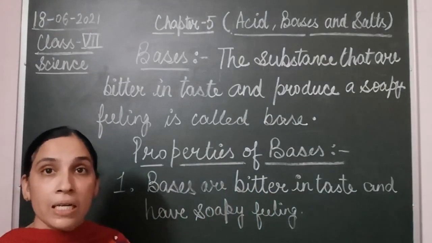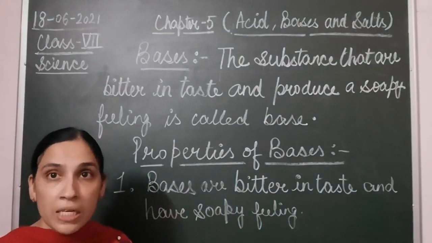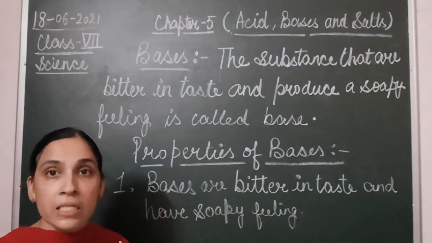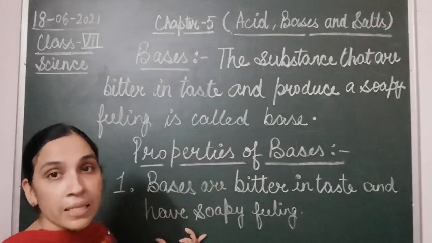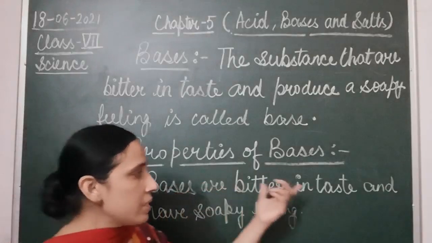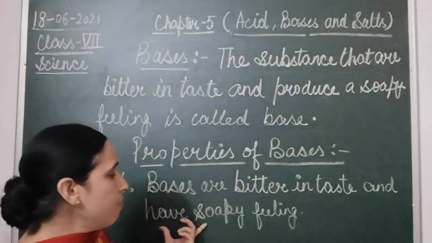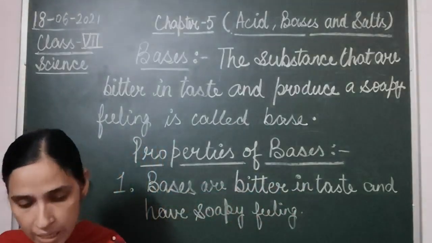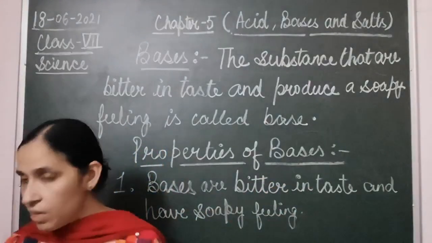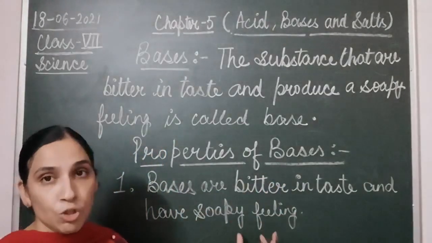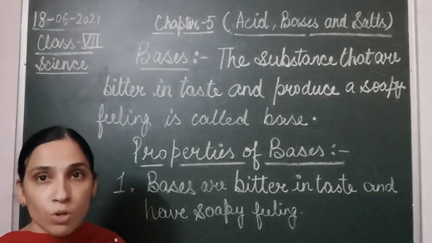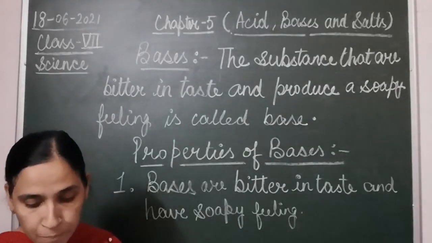You have red litmus paper to indicate that this thing is a base. Bases are bitter in taste and have soapy feeling, or soapy when touched. Fine, so that will be your first property.